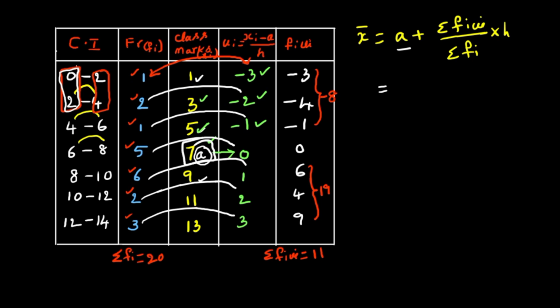So I should take now 7 plus, and what is sigma fi ui? Here it is 11, so that 11 I am writing here, divided by sigma fi, which is 20, into h. h is the class size, that is 2. The difference between either lower limits or upper limits, that is the difference between 0 to 2, 2 to 4, 4 to 6, 6 to 8, these all are the class sizes. So the difference is 2, so this is the class size.